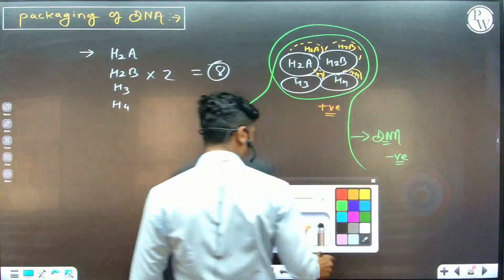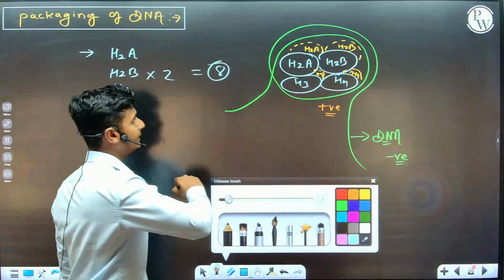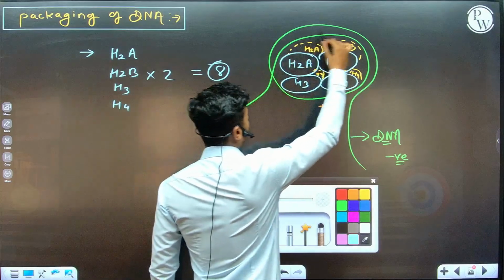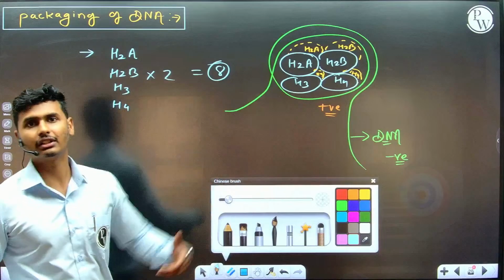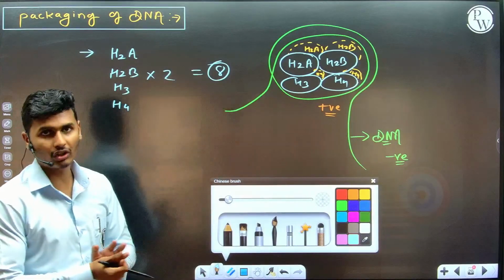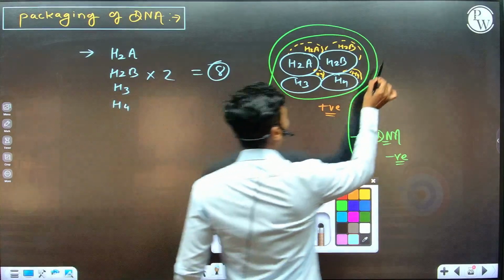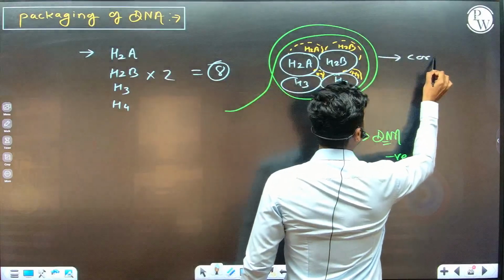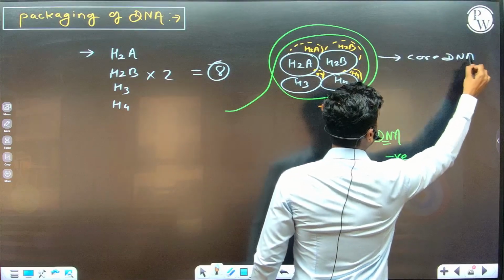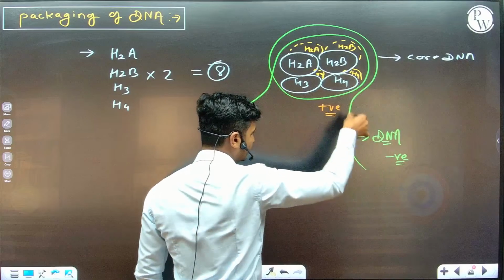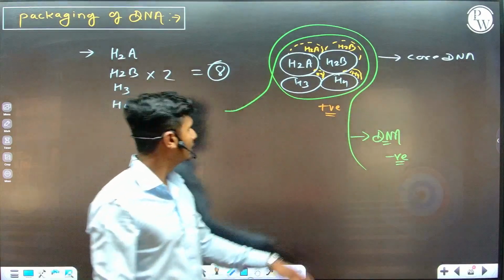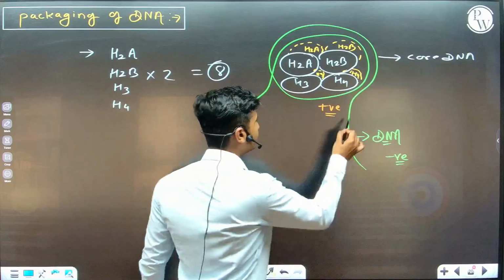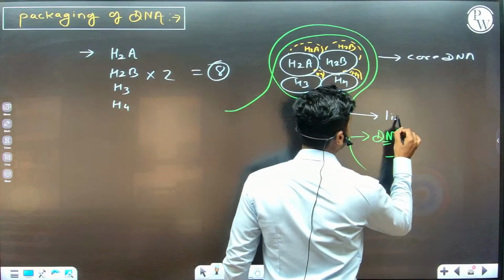If I am talking about this DNA, the DNA which wraps around the complex of histone octamer, this is known as the core DNA. And this DNA which is present here before the wrapping of octamer, this is known as the linker DNA.